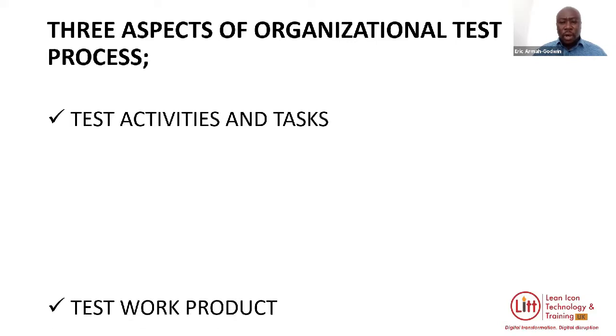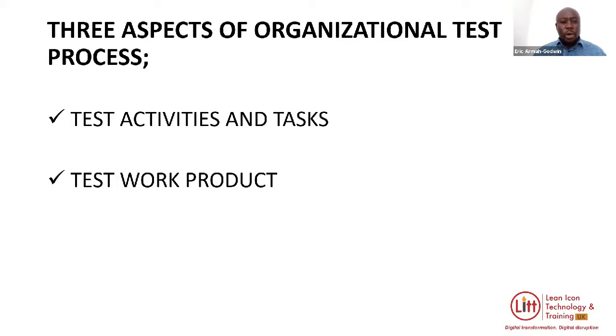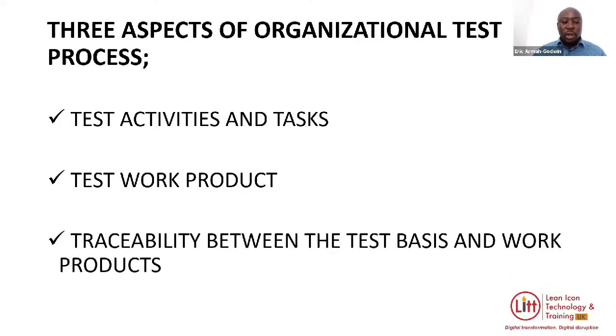The second one is test work products. By test work products, we're referring to test bases, test conditions, and tests that provide coverage. The third one is traceability between the test basis and work products.